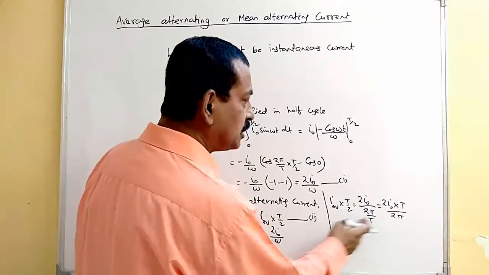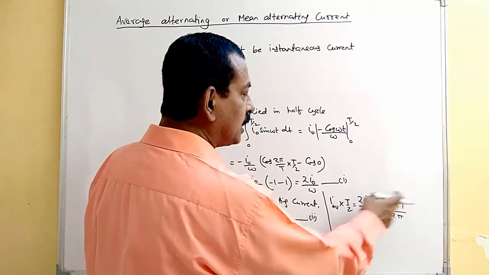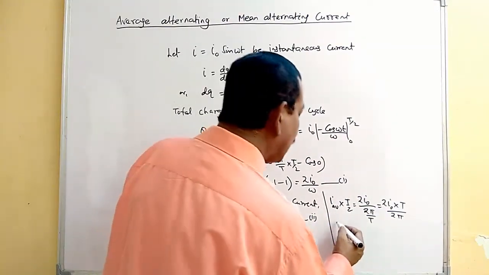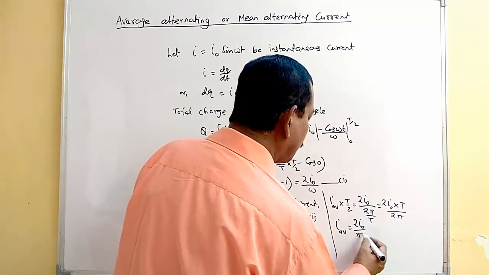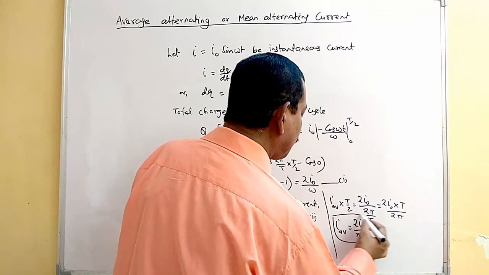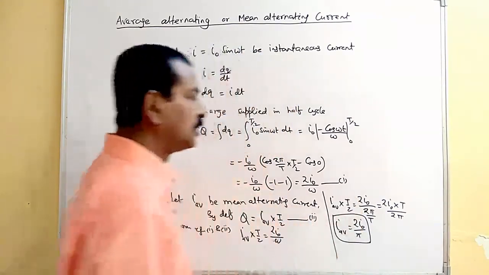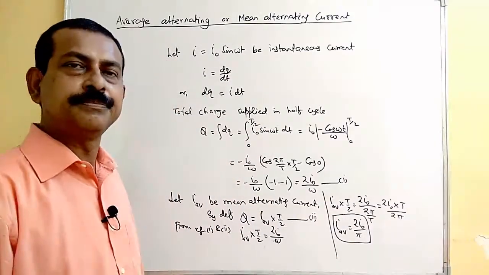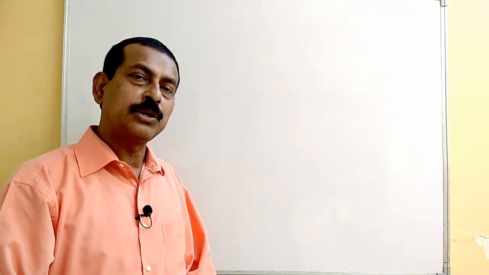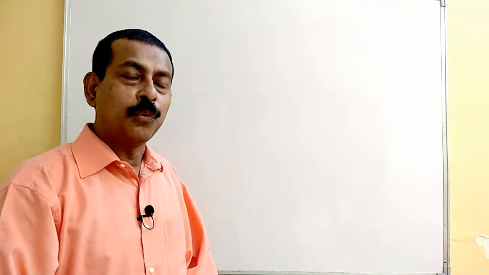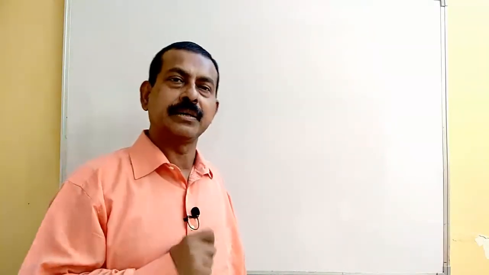Now you can see T will get cancelled, 2 will get cancelled, and what we get for I average is 2 I naught by pi. This is the expression for the average current, which we have taken for half cycle.